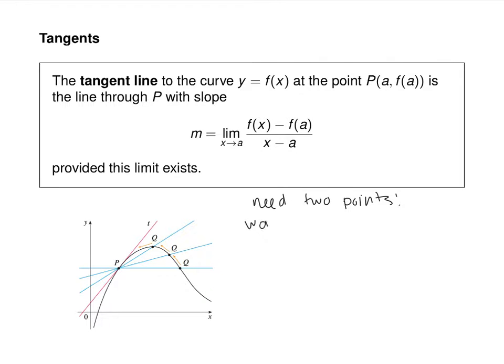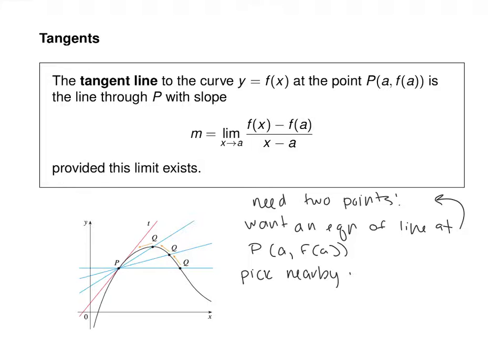And so you want an equation of line at P, which we're going to say has coordinates A, f of A. And then the problem is that you need 2 points, and so what do you do? The basic idea is you pick a nearby point, and their book calls it Q, and that point has coordinates x, f of x.